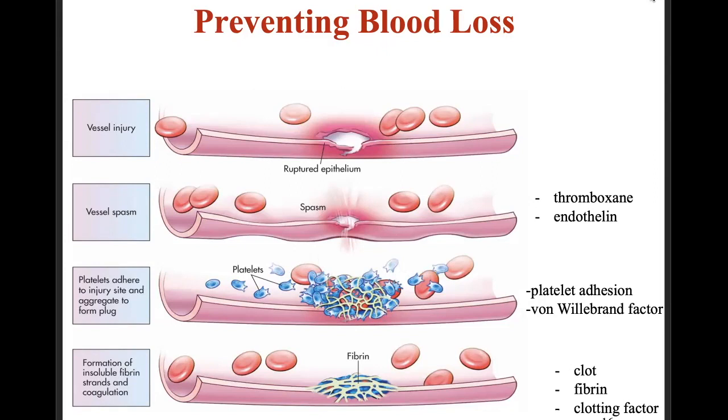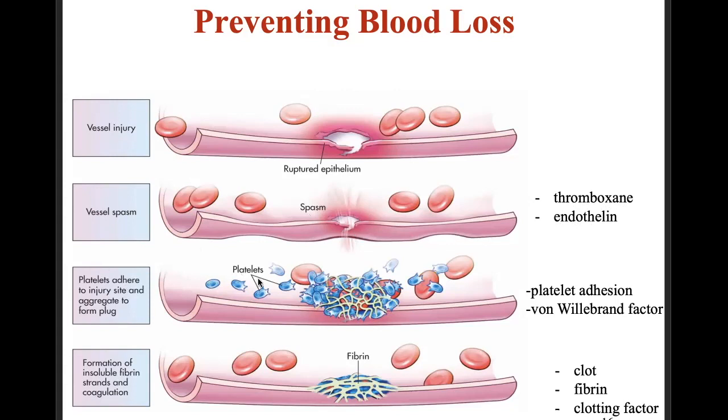They will contract. Now, this contraction stimulates your thromboxane and also your endothelin. Okay, this stimulates the vascular spasm.